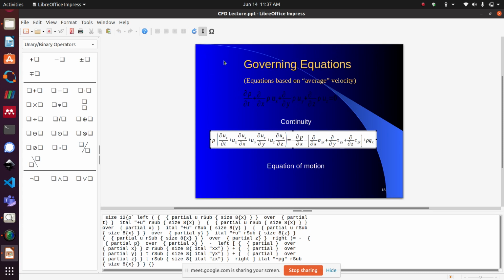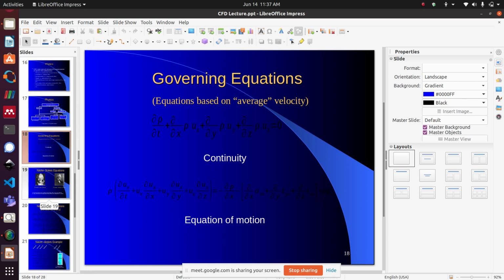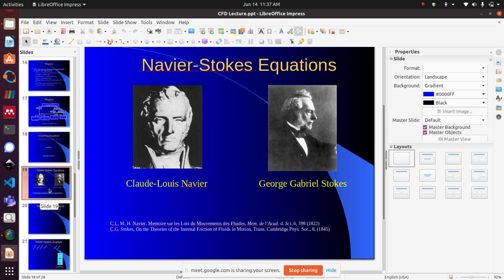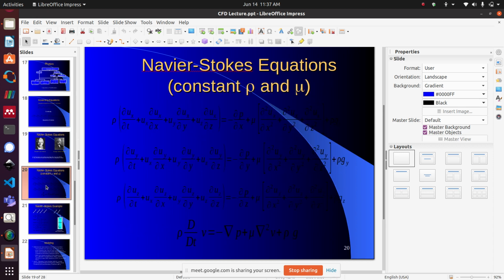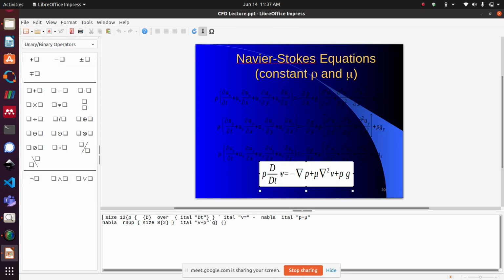Claude Louis Navier and George Gabriel Stokes. That's where the Navier-Stokes name comes from. Yeah, this is the equation.